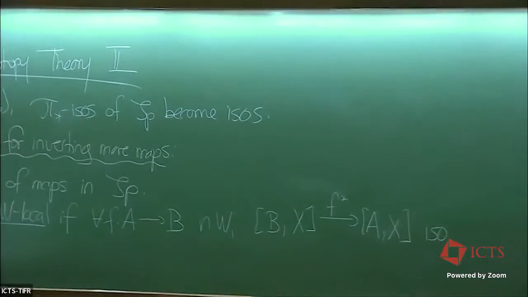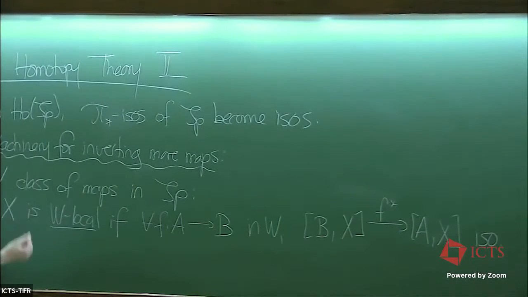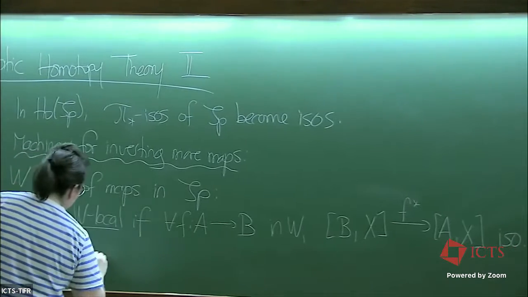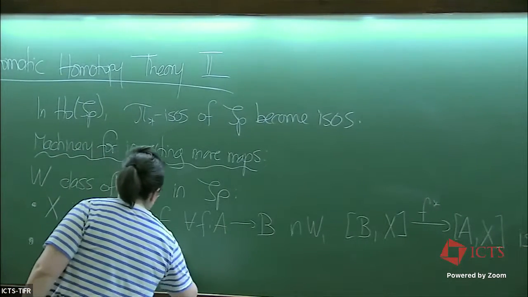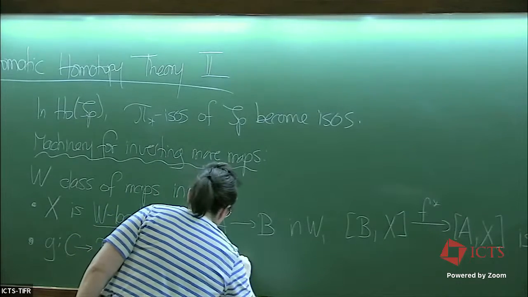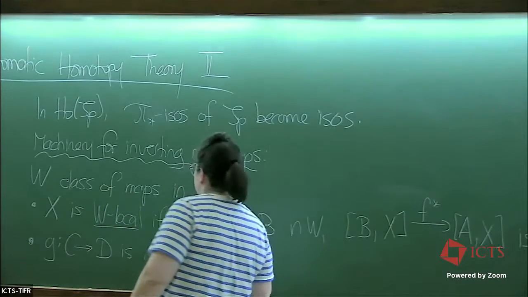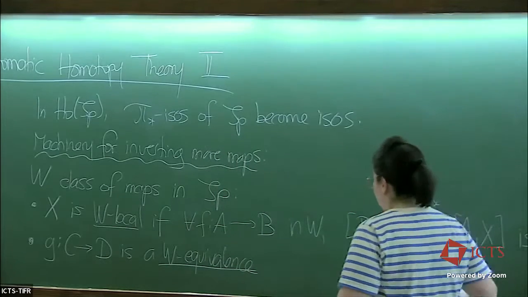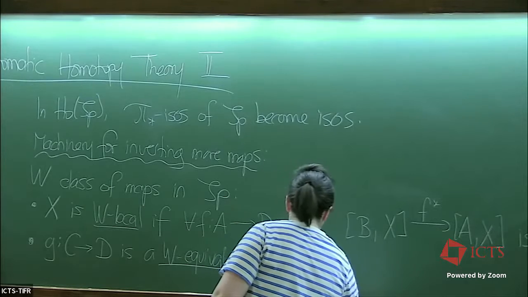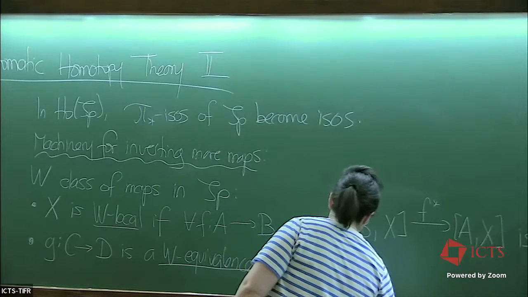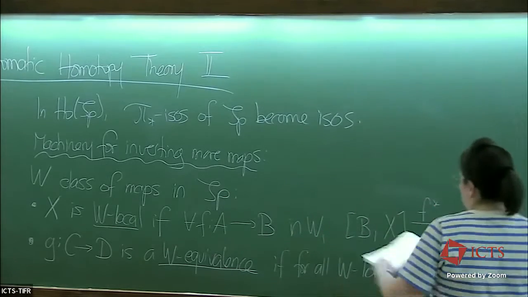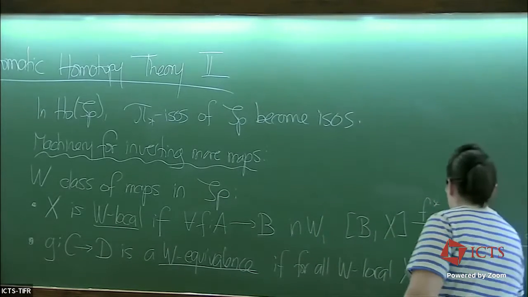And once we have that, we can say that a map G from C to D is a W equivalence if it can see the local objects. So if for all W local X, you get an isomorphism out of it again.